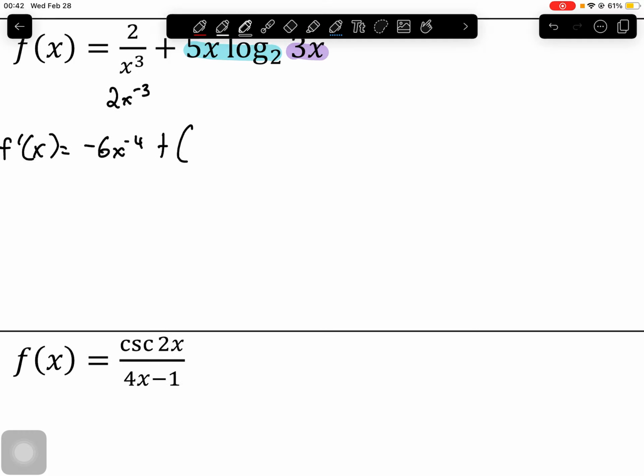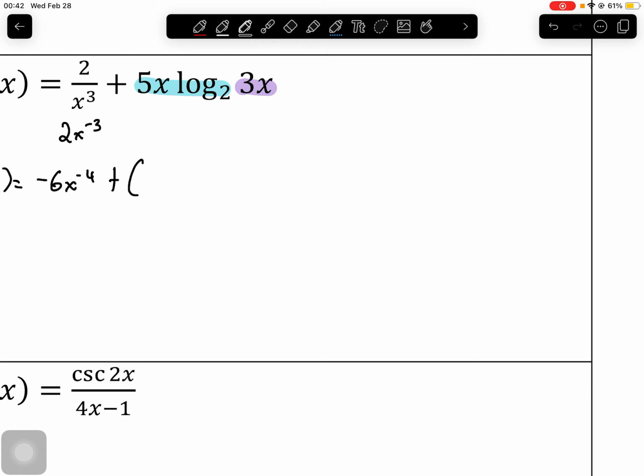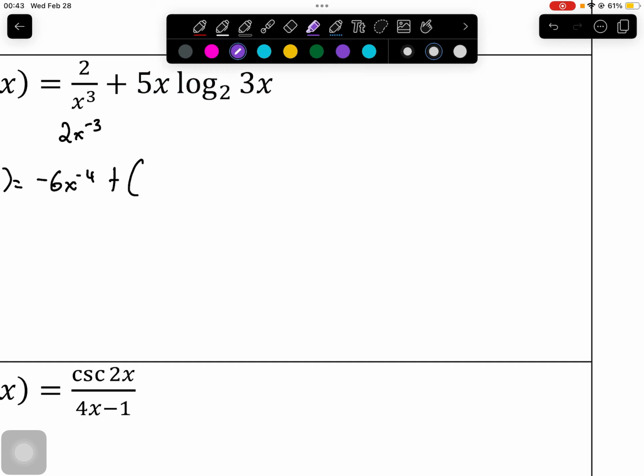And I just like to put parentheses. Let's do this. 5x. My apologies. It's the other way. This and this. So in that case, 5x, that's just 5. Log 2, 3x.